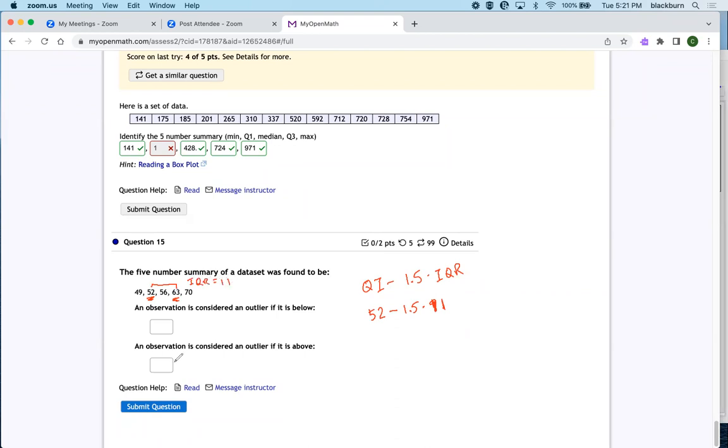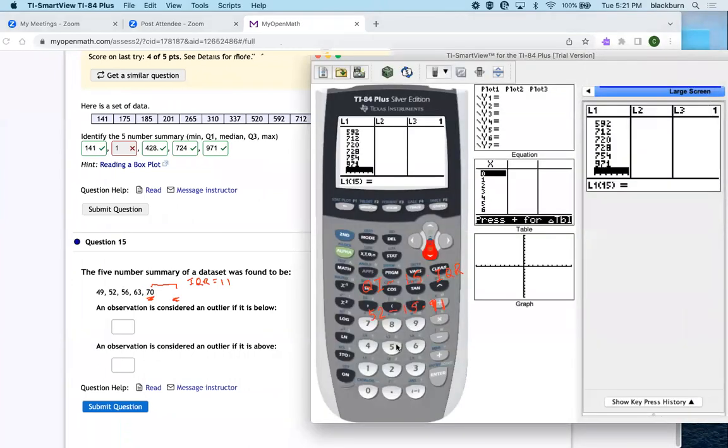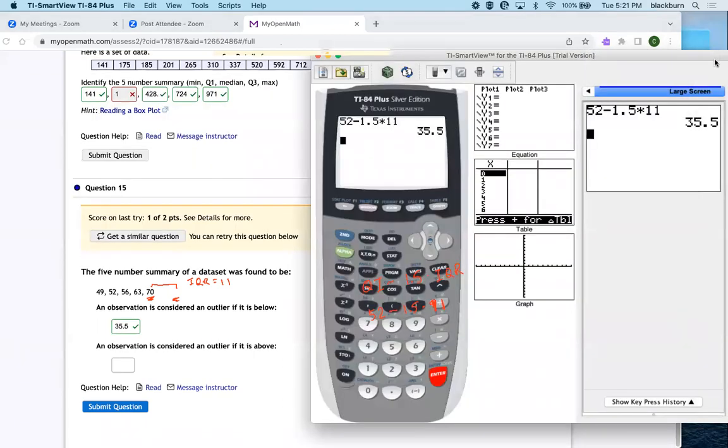Okay, so if I did 52 minus 1.5 times 11, and anything less than that number is considered to be an outlier. I got to go back to my regular work screen here. 52 minus 1.5 times 11. So any number less than 35.5 is going to be considered to be an outlier.